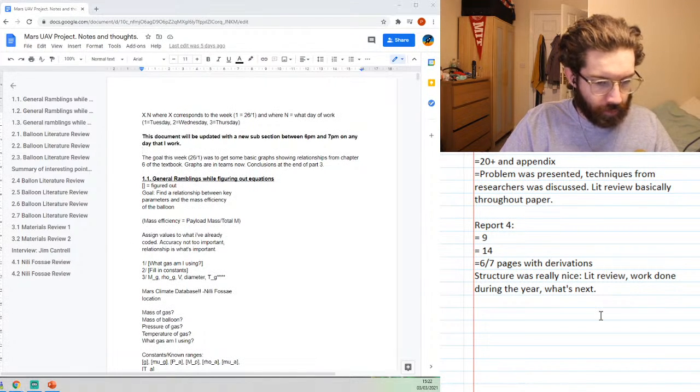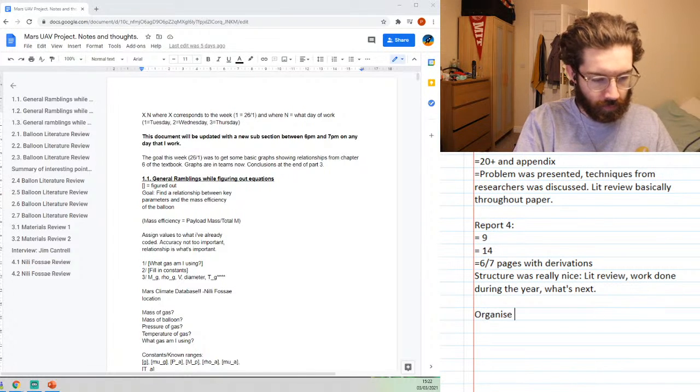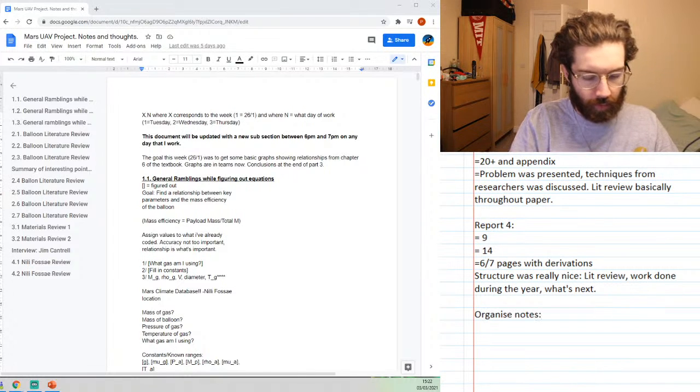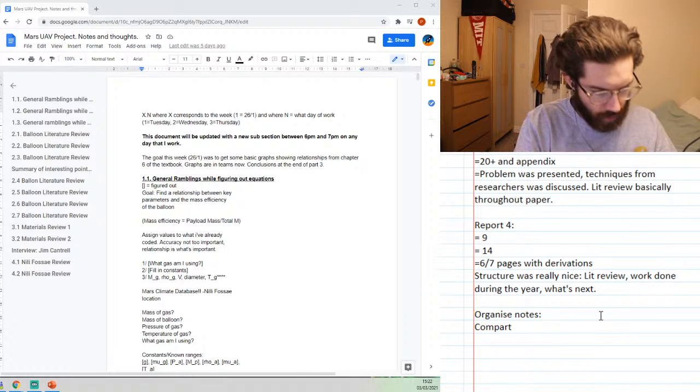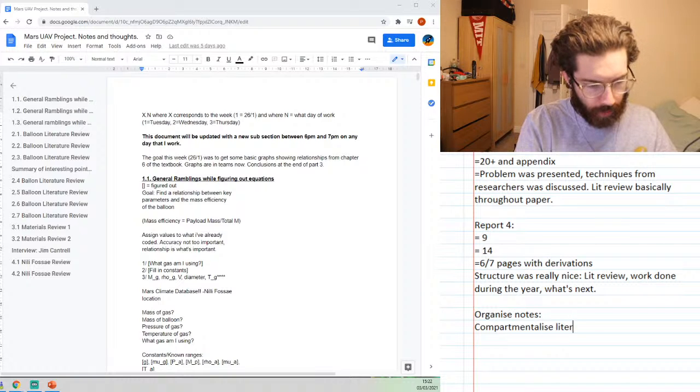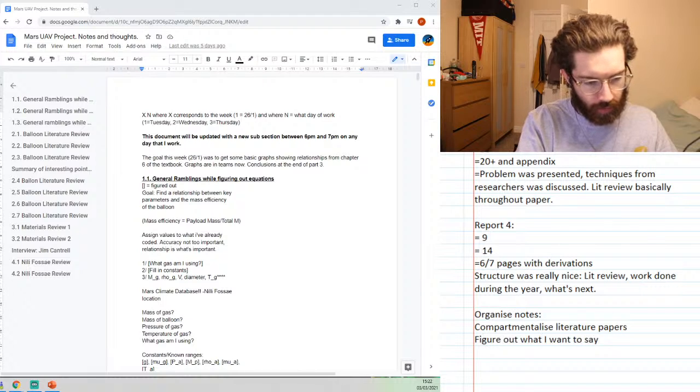So, organize notes. Okay. I'm going to try and compartmentalize literature papers. Figure out what I want to say and what I need to say.